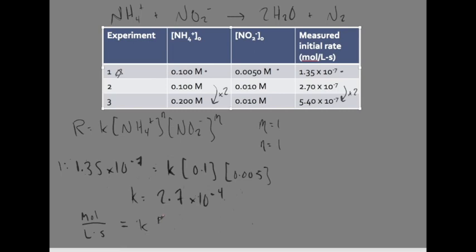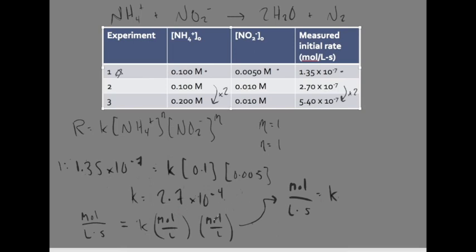Concentration is moles per liter, times concentration raised to the first power. What I'm saying is that K has got to have units such that when it is multiplied by all this other stuff, I get this. So let's simplify this. My rate, R, is moles per liters times seconds equals K, whatever the units of K are.